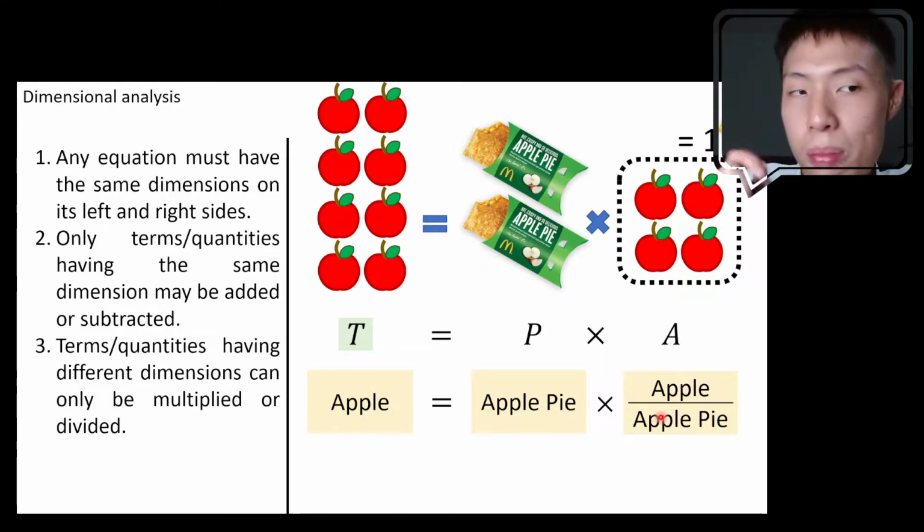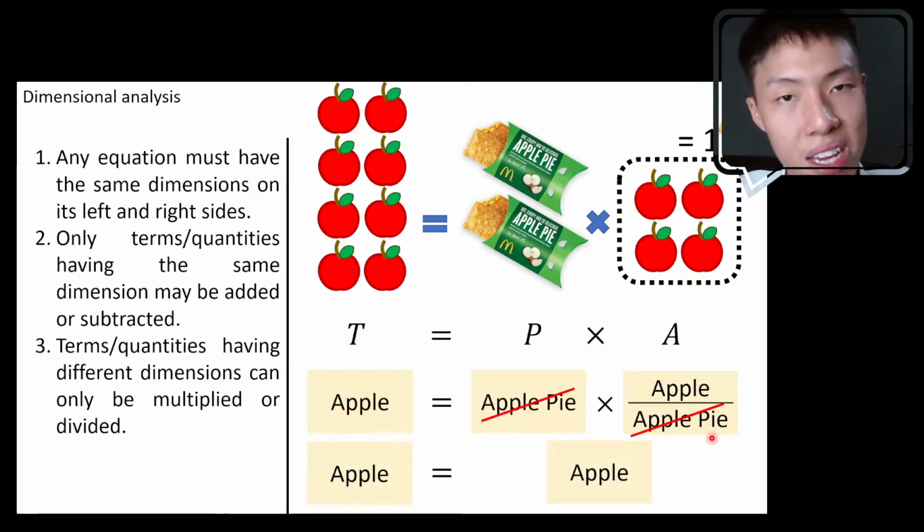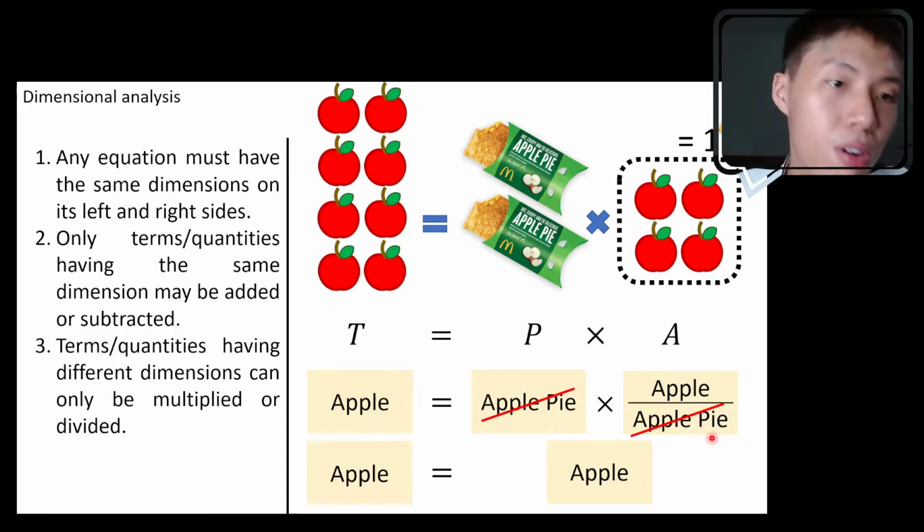So are we able to follow the first criteria? Let's check. Apple pie for P is up there. Apple pie for A is down there. So what can we do? We can cross them out and we can see the left hand side and the right hand side of the equation have the same dimension, which is the number of apples.